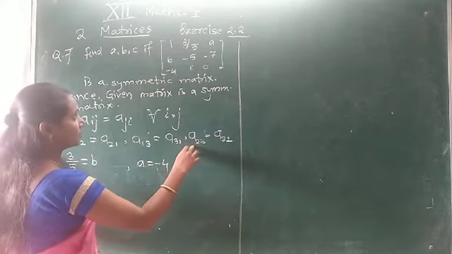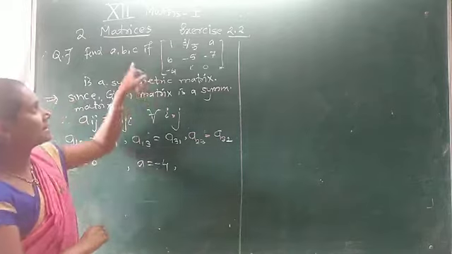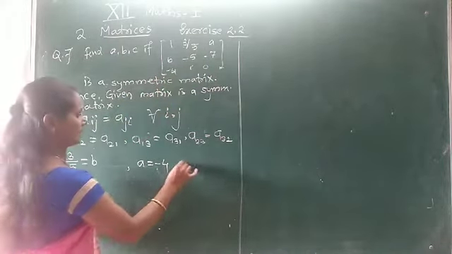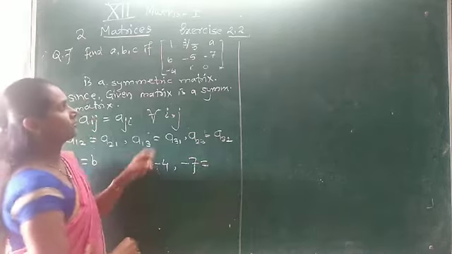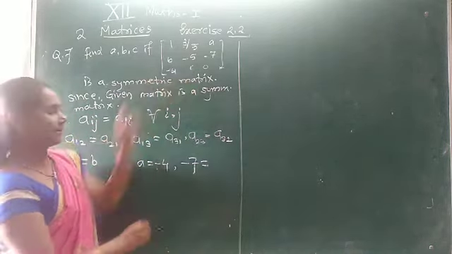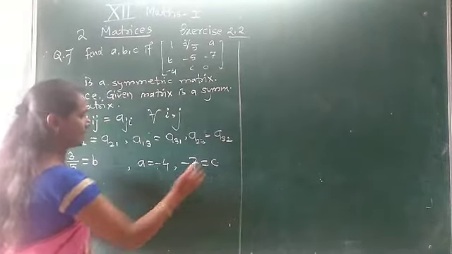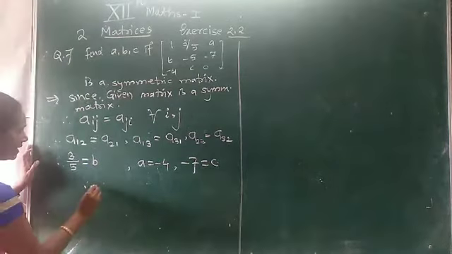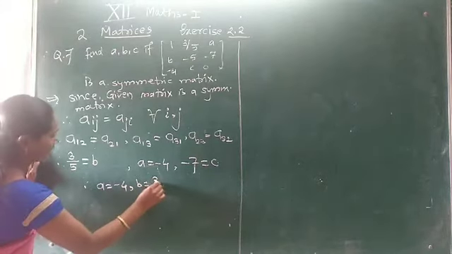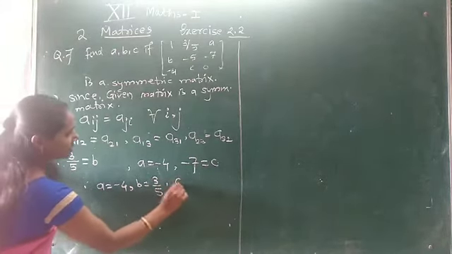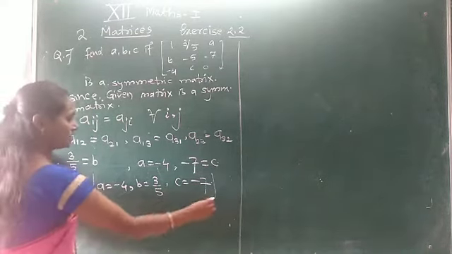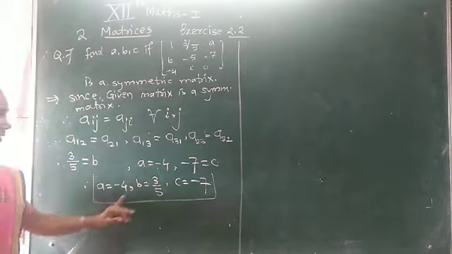Next, a23, the element in the second row and third column, is minus 7, which is equal to a32, the element in the third row and second column, that is c. Therefore a is equal to minus 4, b is equal to 3/5 and c is equal to minus 7, which are the required values of a, b and c.